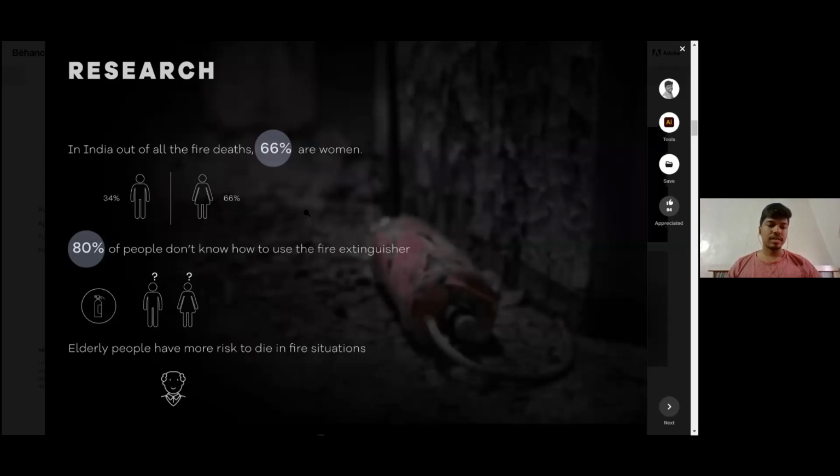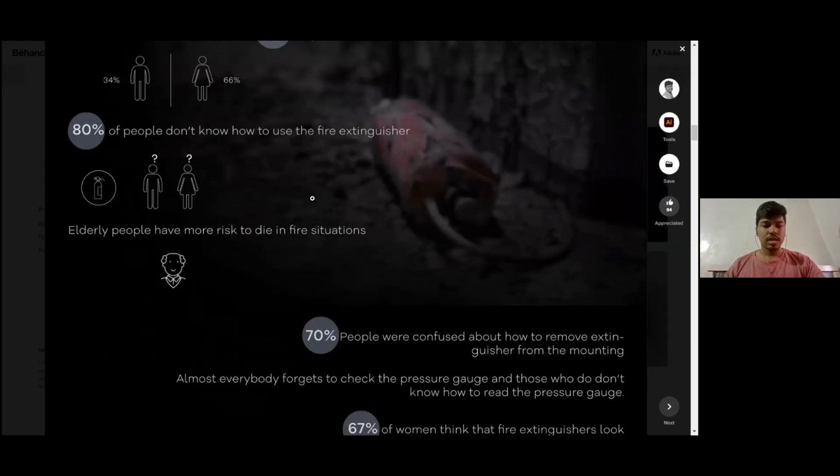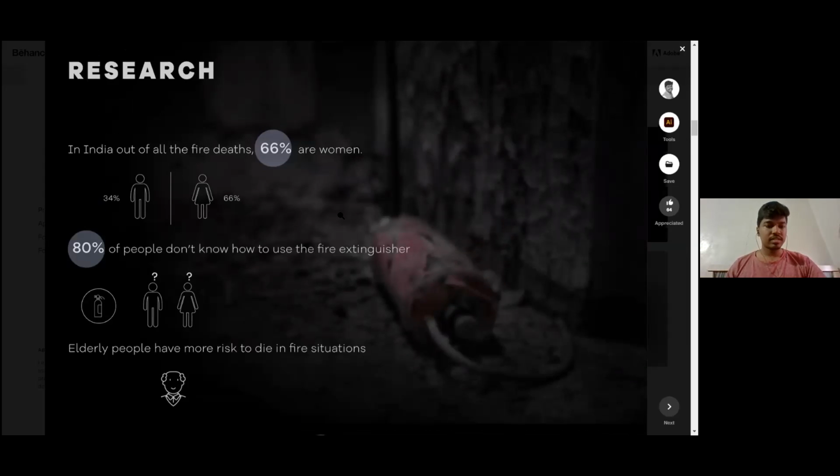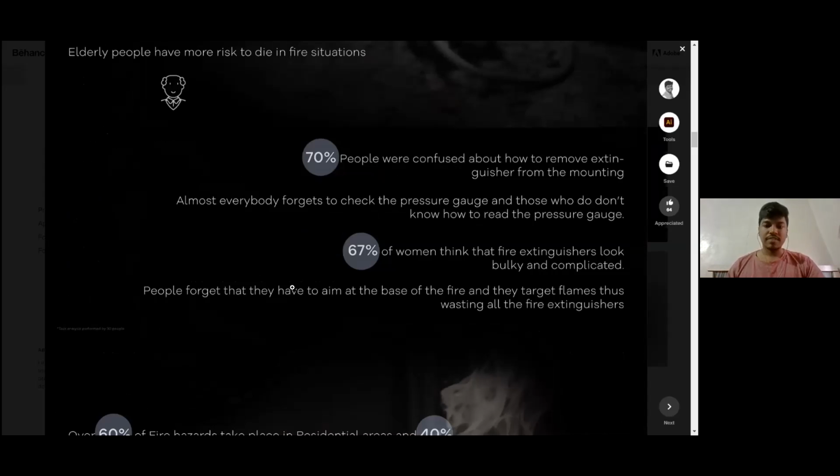So the result of that task analysis was, 70% of the people were confused about how to remove fire extinguishers from the mounting itself. People were struggling to remove the fire extinguisher from the mount.